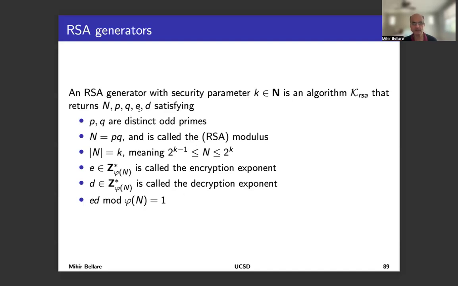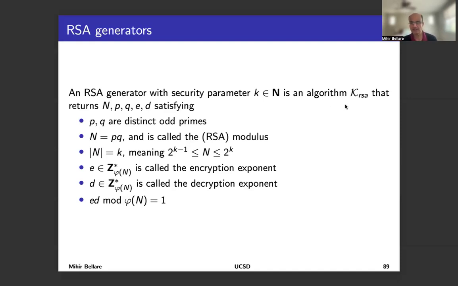It also returns choices for the two exponents we saw, the encryption and the decryption. Both belong to the correct set. Mathematically, we're going to look at Z star modulo phi of n. Once we have n here, phi of n is well defined, and e is going to belong to that set whenever the generator outputs e. So is d. Furthermore, they satisfy the property we wanted before, which is their product mod phi of n is 1, meaning d is the inverse of e in this group over here.